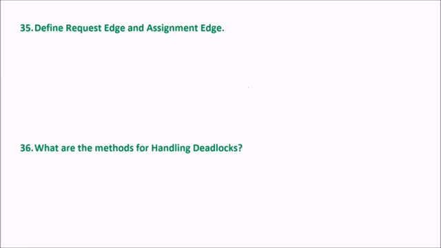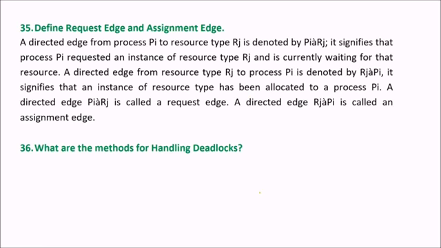Define the request edge and assignment edge. The way I showed you just now, it represents the request edge and assignment edge. I'll tell you. A directed edge from process Pi, see, this is process Pi, to resource Rj is denoted by this.